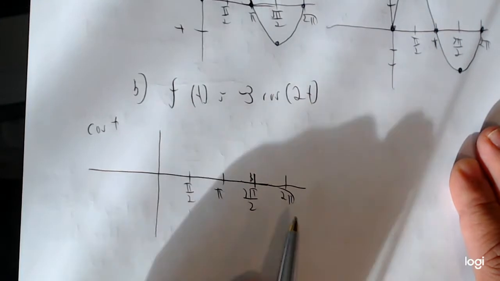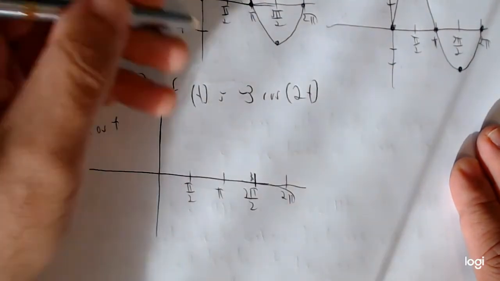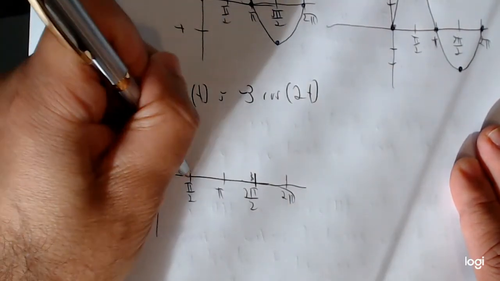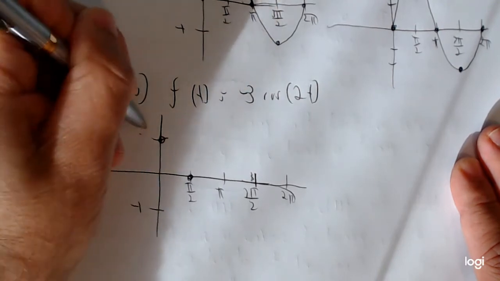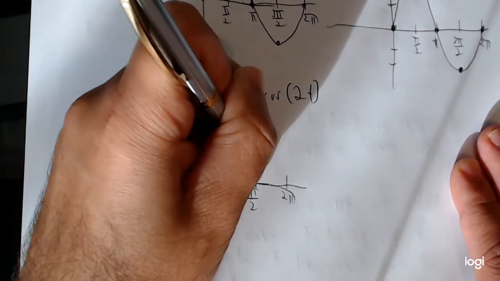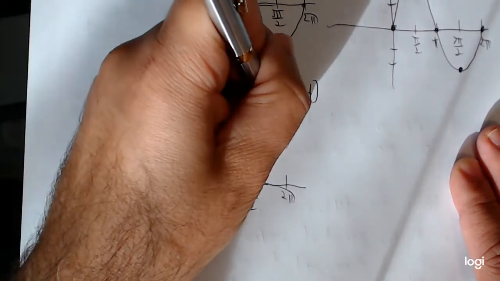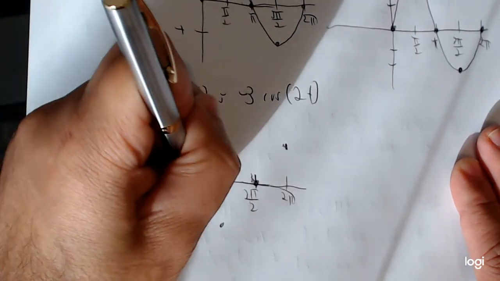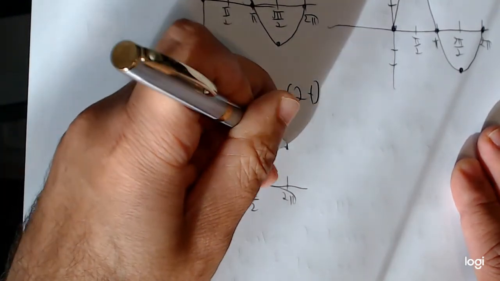And we just want to keep the spacing the same. If you remember, cosine at 0 was 1, at pi over 2 was 0, at pi was -1, 3 pi over 2, 0, 2 pi was 1. So here's one period of cosine.